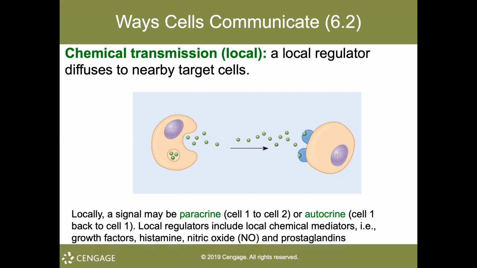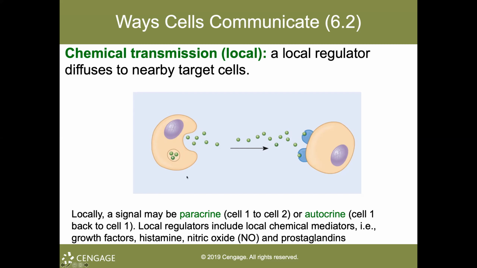There are two types of local signals. Sometimes these signaling molecules will travel to a different cell, and that's what you see in the example above. One cell is secreting a signal and it binds to the receptor on a nearby cell. So this is known as paracrine signaling.